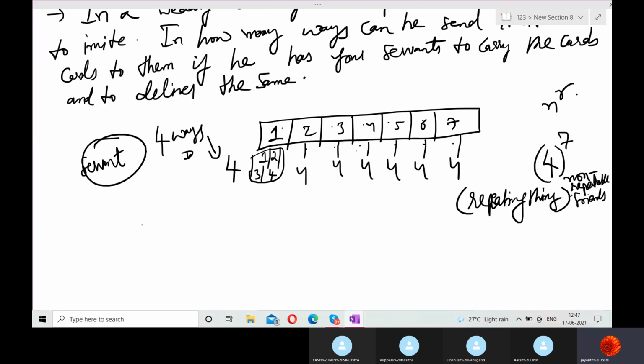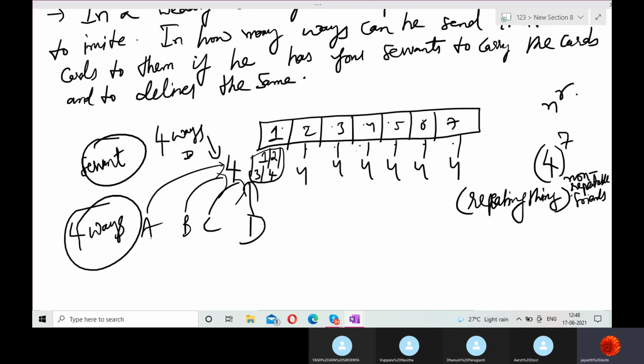See, there is A, B, C, D. So servant 1 can also go, 2 can also go, 3 can also go, 4 can also go. So in 4 ways, the cards can be sent. But the card would be sent to only one of the friends. So this is flat number 201. So the 201 flat number friend can get the card from any of the 4 servants. Correct or wrong?